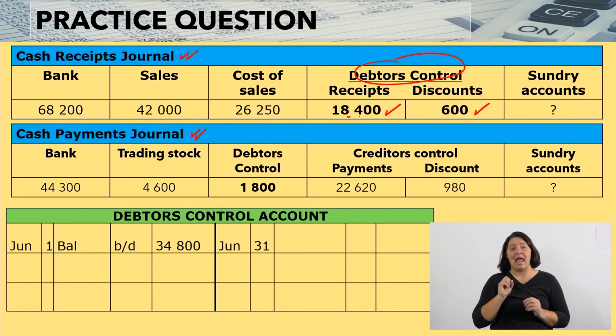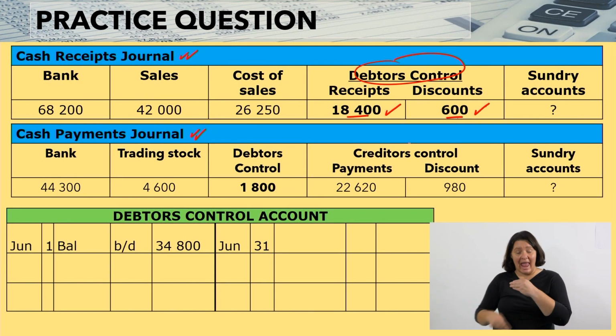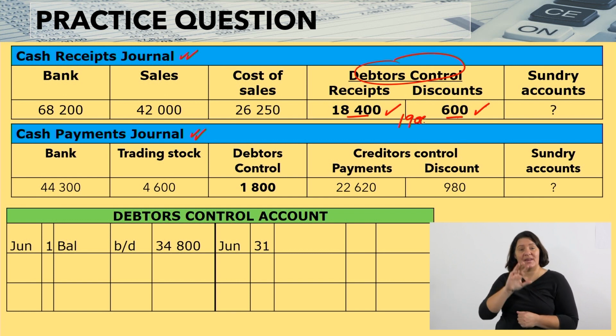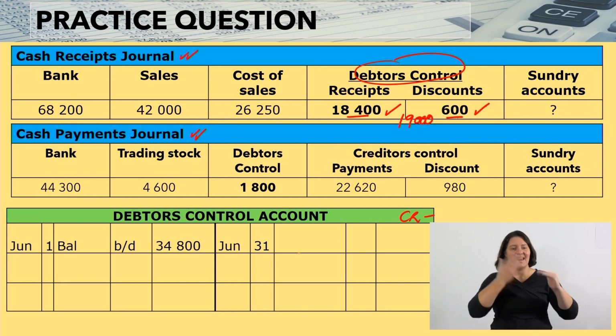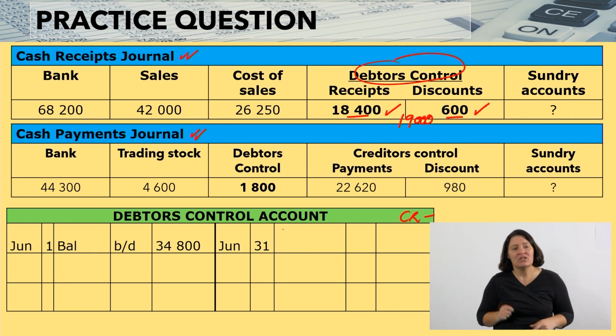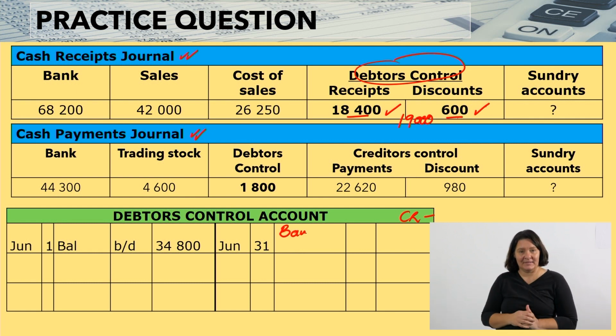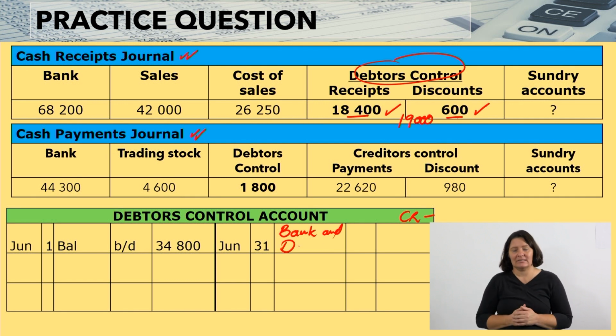So what you do, you take the 18,400, you add it with the 600, then these amounts will give you 19,000. We will bring it now to the credit side of your debtors control. And we will now say bank and discount.